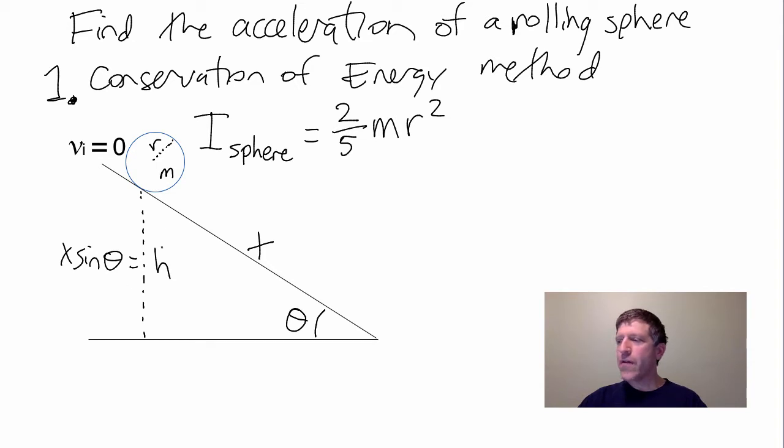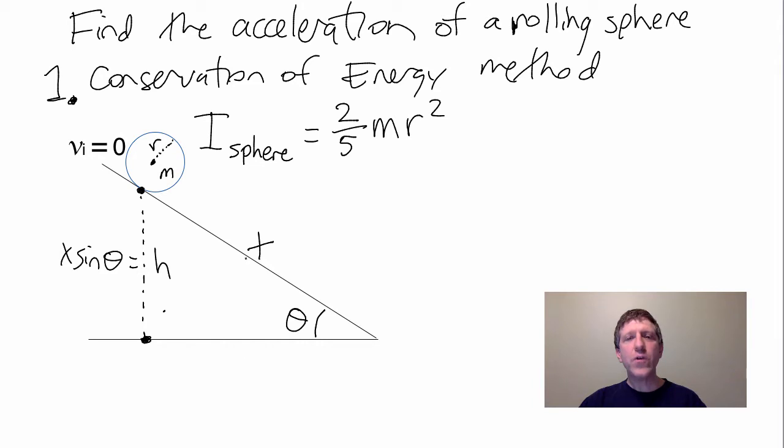And just recall that the height from the bottom of the hill to where the bottom of this sphere is the same as from the center of mass where it is now to where the center of mass would be later. So that height is the same. I'm just going to use the height from there to there because it's easier to see geometrically.